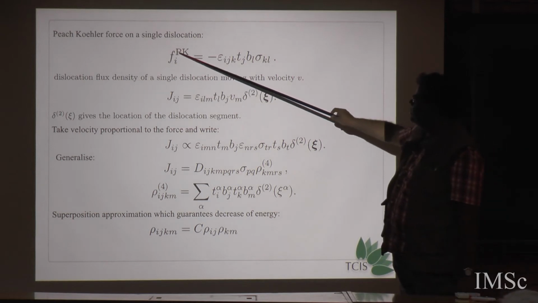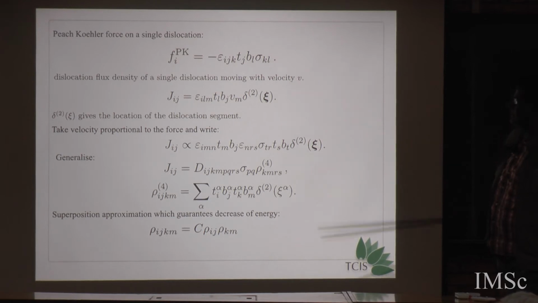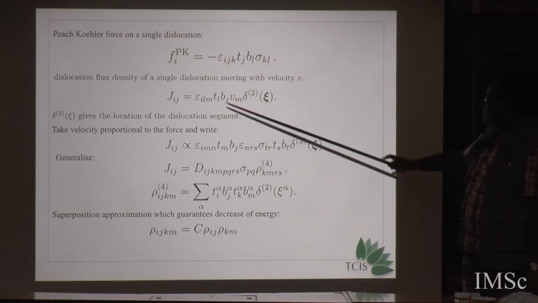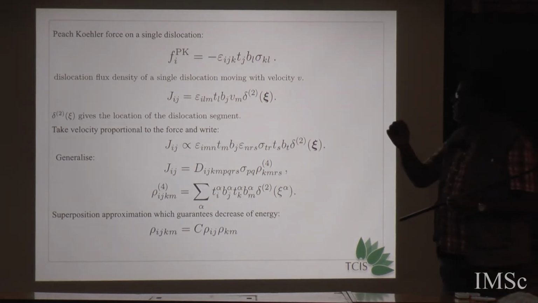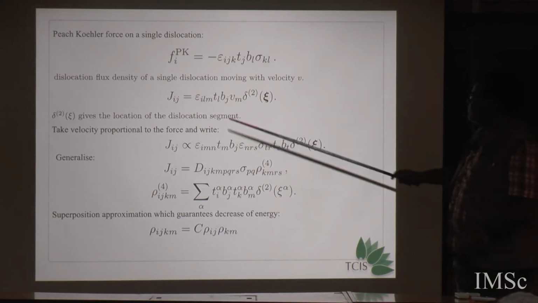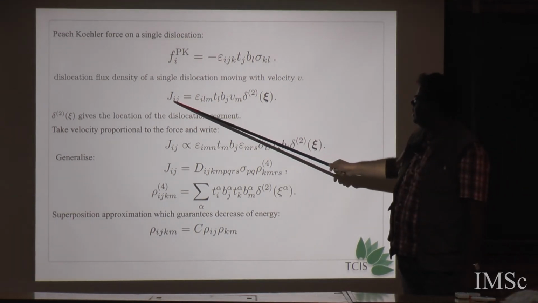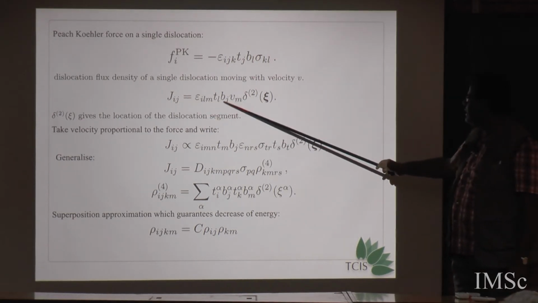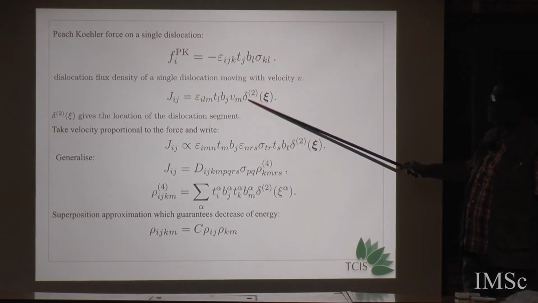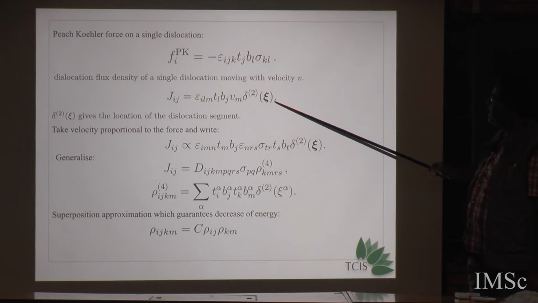So this is the Peach-Koehler force for a single dislocation, and that contains stress. The dislocation flux density of a single dislocation moving with some velocity can be given by a very simple relation, where the flux density is just the dislocation density multiplied by the velocity, and this delta function is just telling you that the dislocation is at a space point r equal to xi.